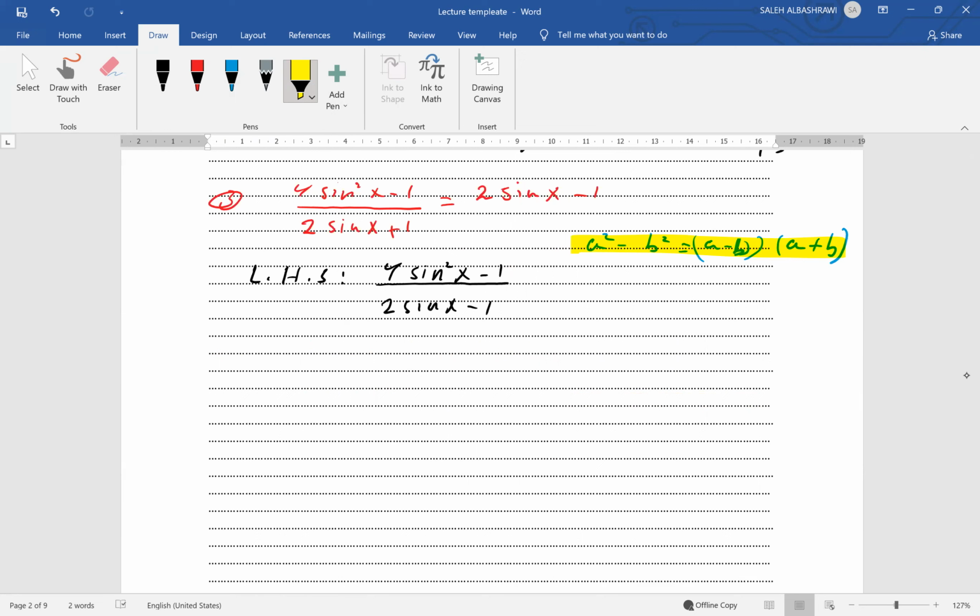Now 4 sine square minus 1, this is difference between two squares. So it can be written as 2 sine x minus 1 multiplied by 2 sine x plus 1 divided by 2 sine x plus 1.